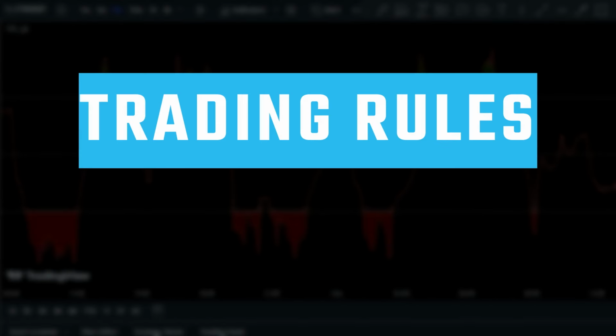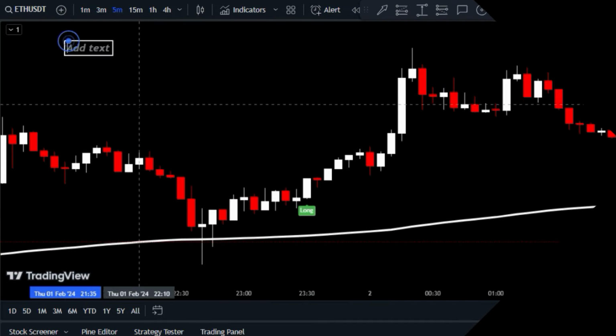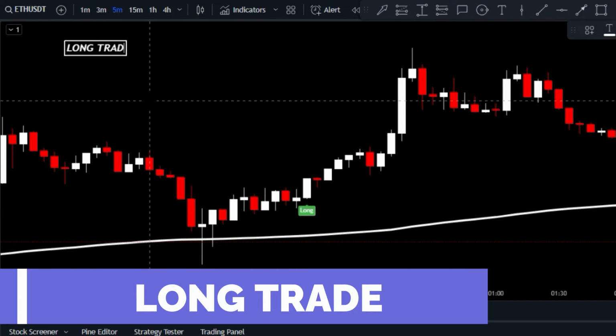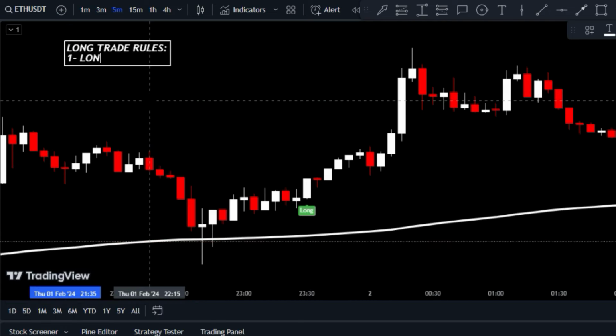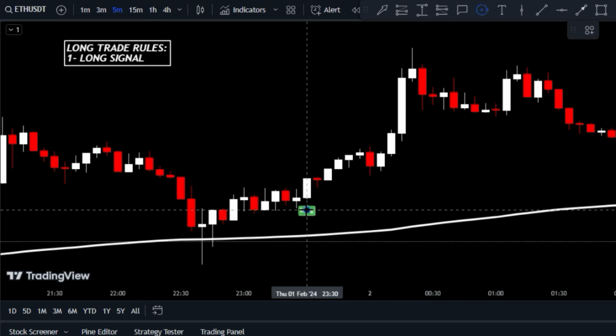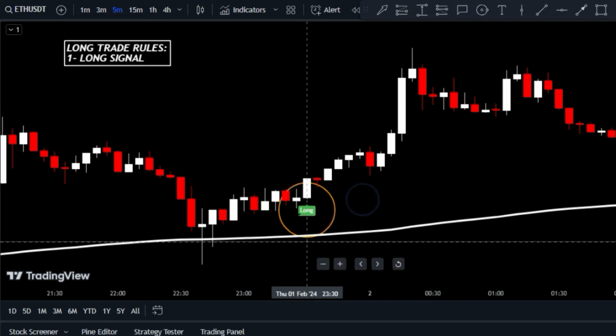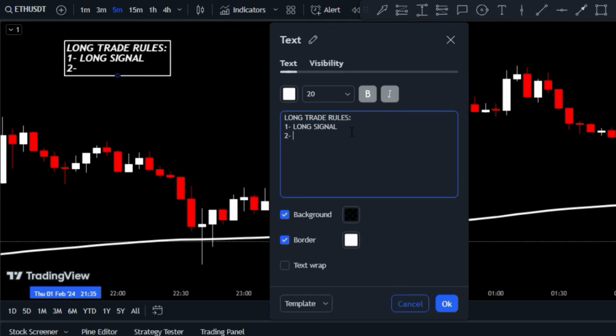Once that's done, there are a few adjustments that you need to make in the settings. So, if you're looking to trade using this strategy, there are a few conditions you need to meet. For a long trade, you should first wait for a long signal from the EMA 200 filter parabolic SAR indicator. Next, you'll need to ensure that the trend is upward, meaning the price is above the 200 moving average.